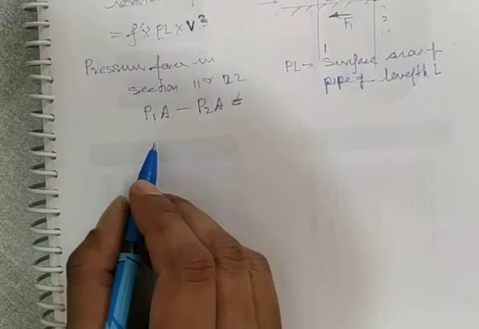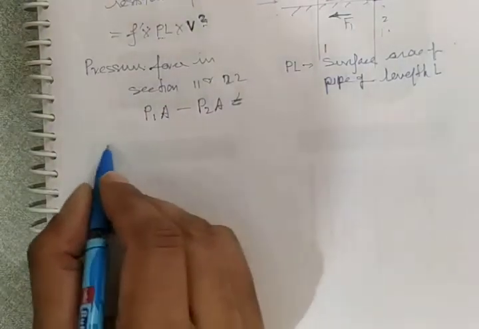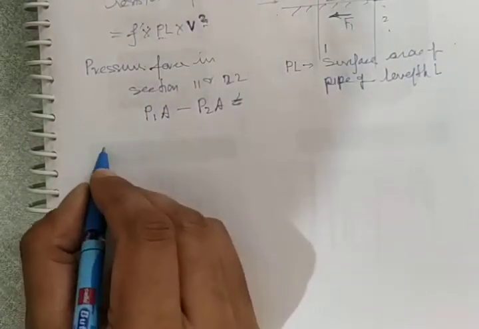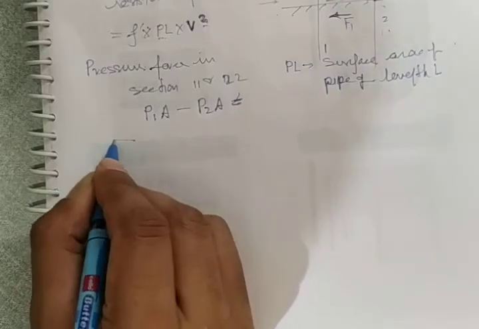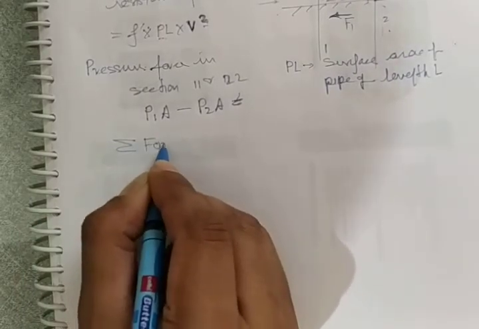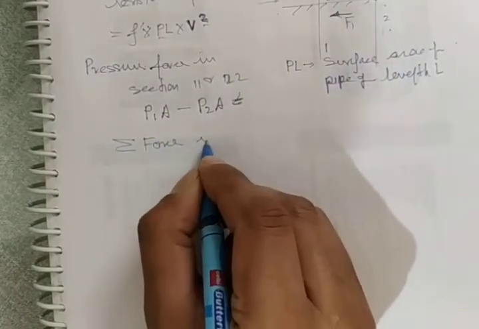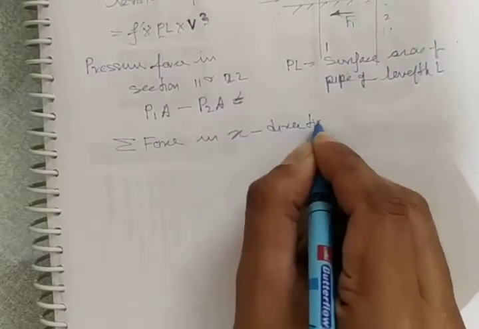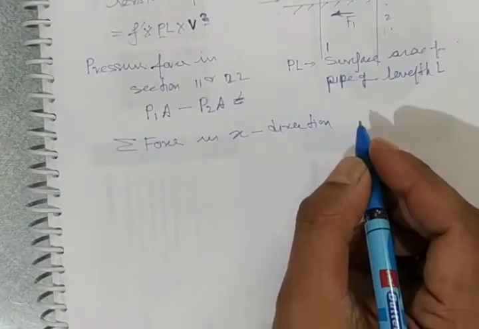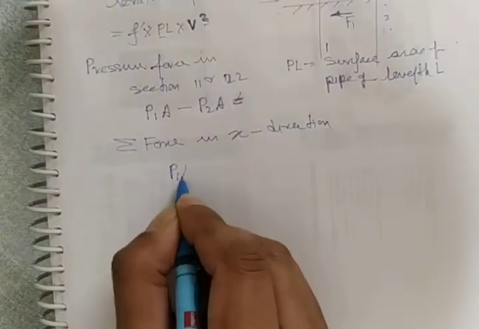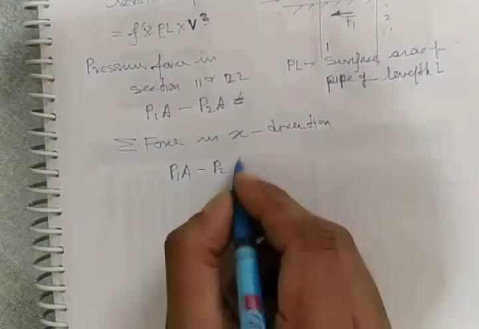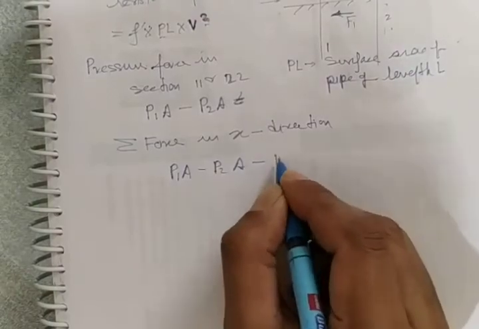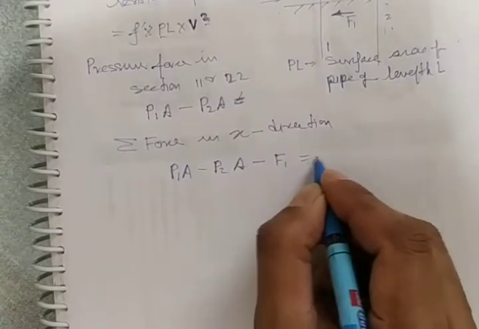If you observe all the forces, the summation of forces in the x direction gives P1 A1 minus P2 A2 minus F1 is equal to 0.